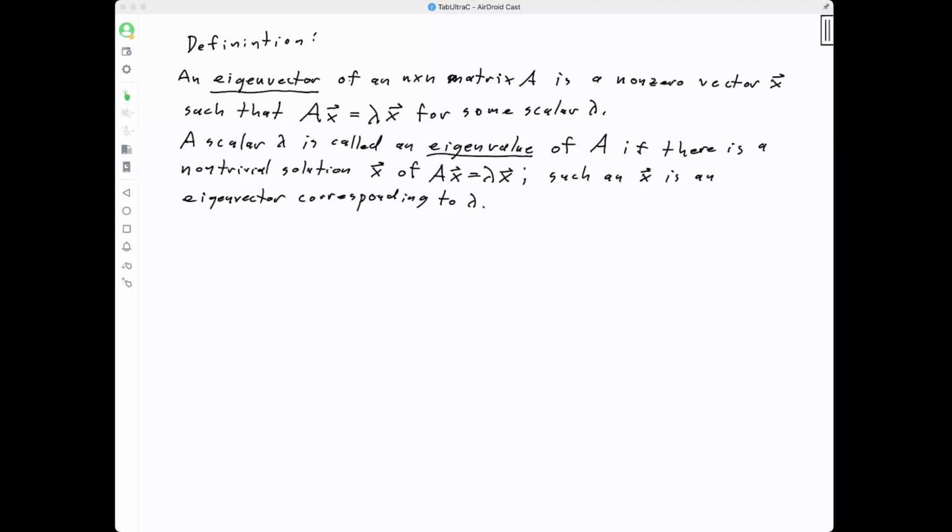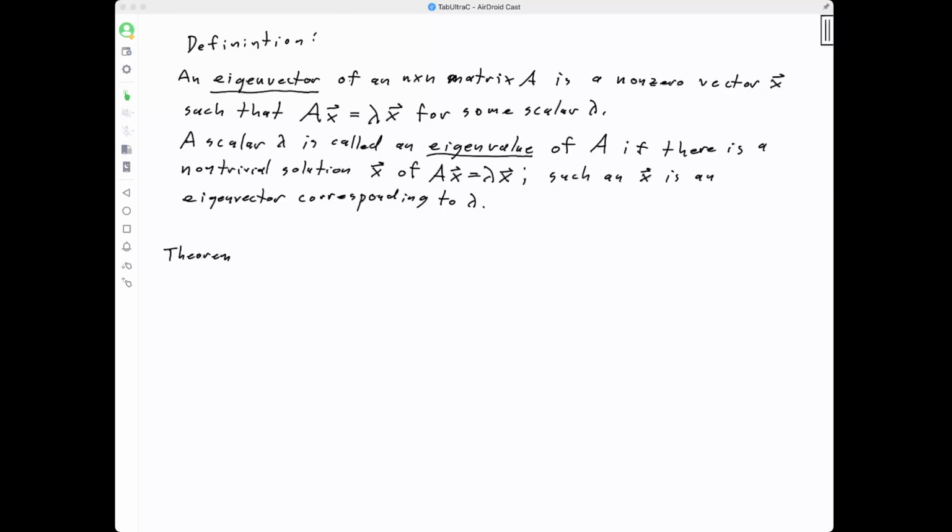So in general, figuring out what the eigenvectors and eigenvalues are of a matrix is a somewhat difficult task. It's not horribly difficult, and we will learn how to do that to a certain extent. But there are some valuable ideas that in some cases make this very easy.